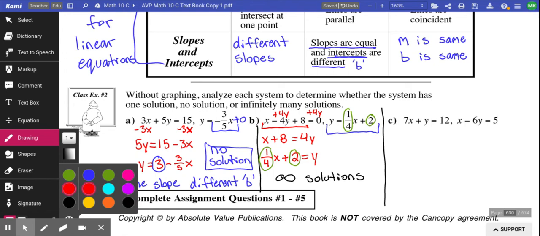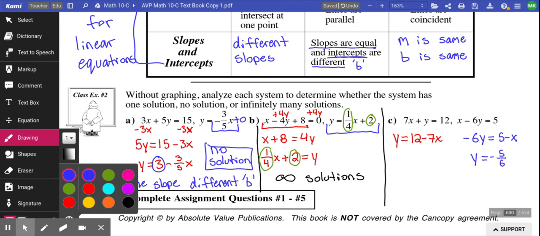If we look at our last example here, to get y by itself, I would subtract 7. So I have 12 minus 7x. If I look at the second equation, I have to do some math. So I'm going to move the x over. So I have negative 6y equals 5 minus x. And then we divide by negative 6. So I have y equals negative 5 over 6.